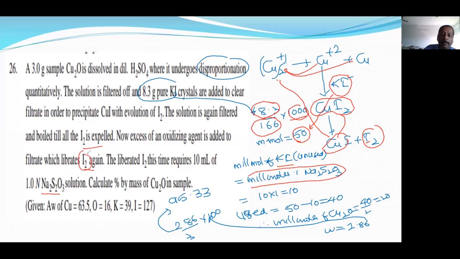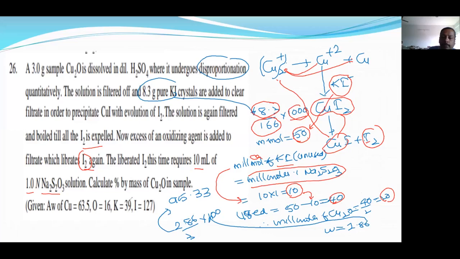Iodine is identified using Na2S2O3. It is 10 ml into 1 normality, so the millimoles of Na2S2O3 and iodine are the same, and it is 10. Initially we have 50, 10 is converted into iodine, and 40 is left over. Now 40 is milliequivalents, so the millimoles will be 20.